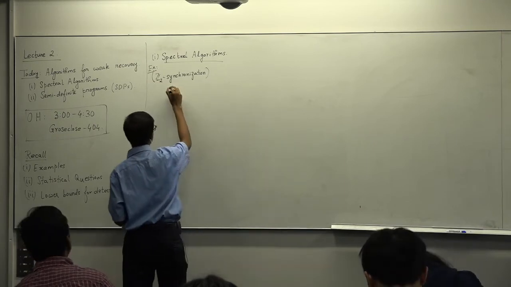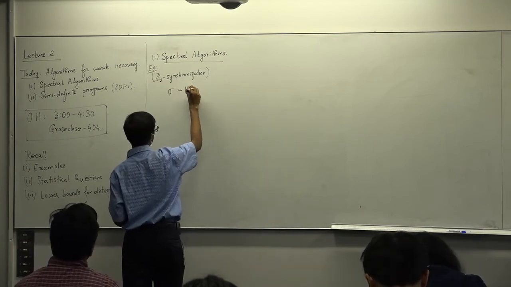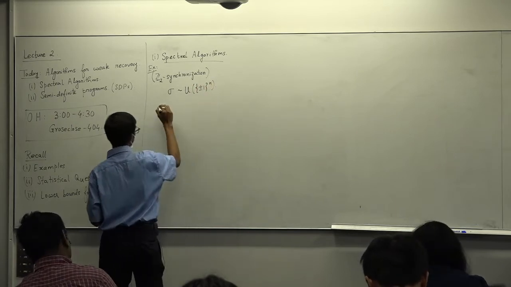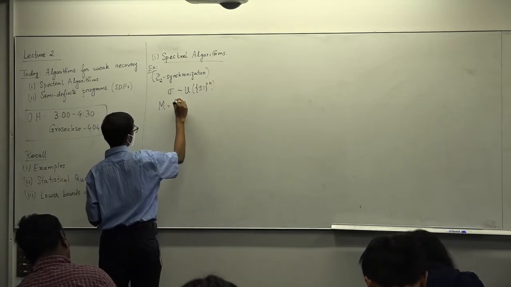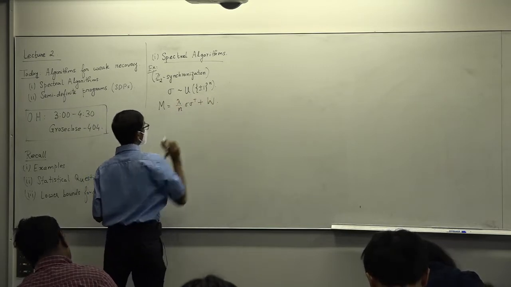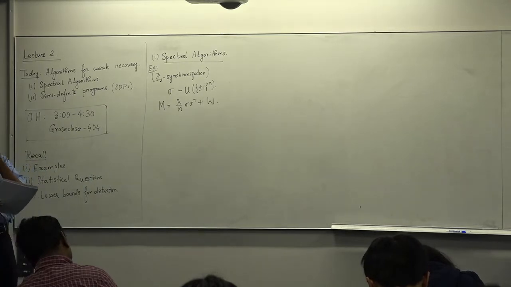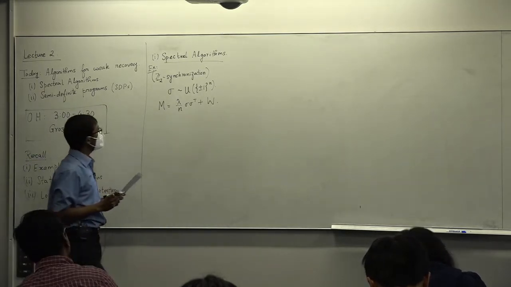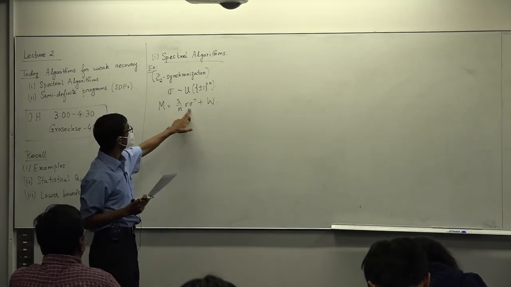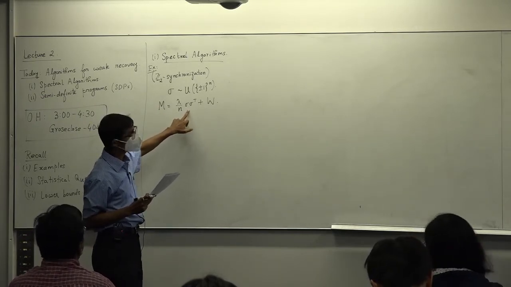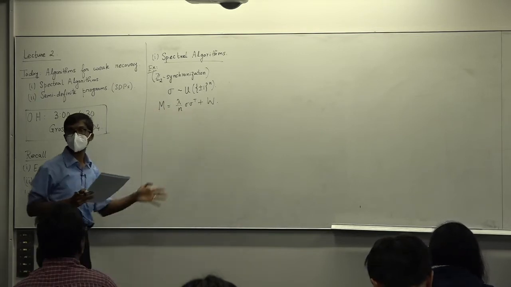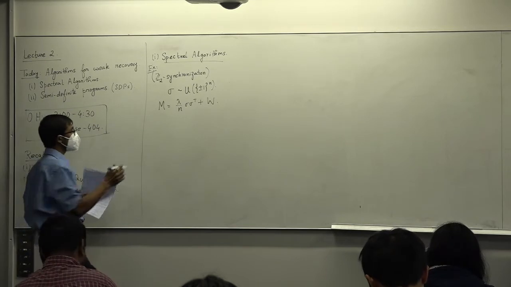I had some vector sigma that was uniformly sampled on the n-dimensional hypercube, and then I observed a matrix which is lambda over n sigma sigma transpose plus additive Gaussian noise. This was what I have seen, and our goal for now is to construct a vector sigma hat that has non-trivial correlation with sigma.